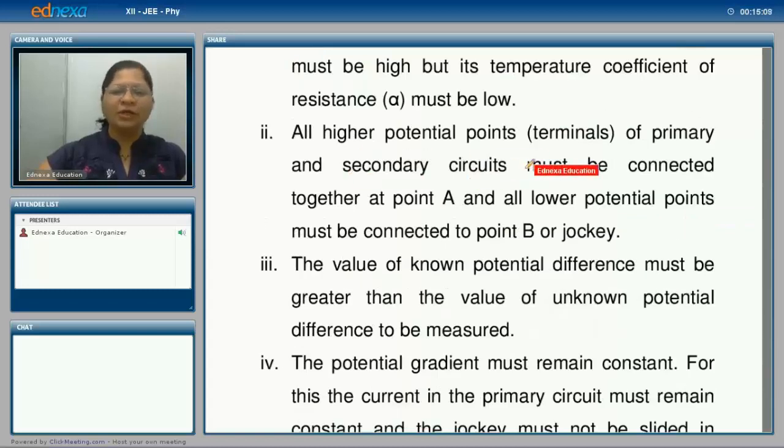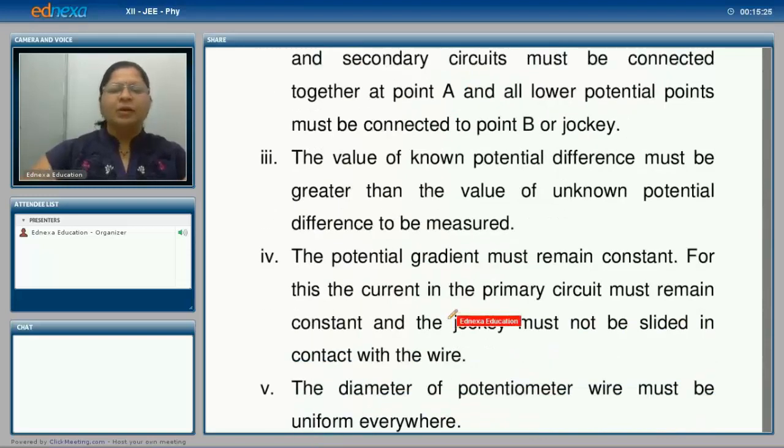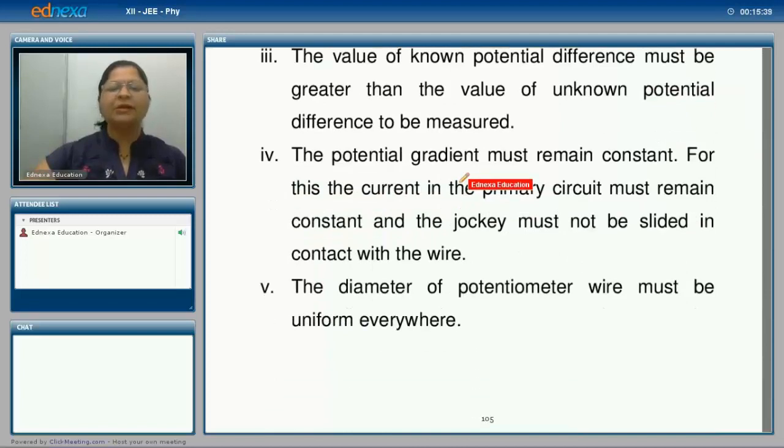Now, all higher potential points, that is terminals of primary and secondary circuits, must be connected together at point A, and all lower potential points must be connected to point B or the jockey. The value of known potential difference must be greater than the value of the unknown potential difference to be measured. The potential gradient must remain constant, and for this the current in the primary circuit must remain constant.